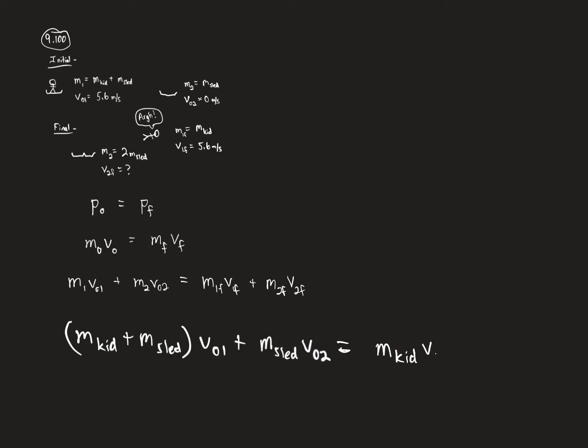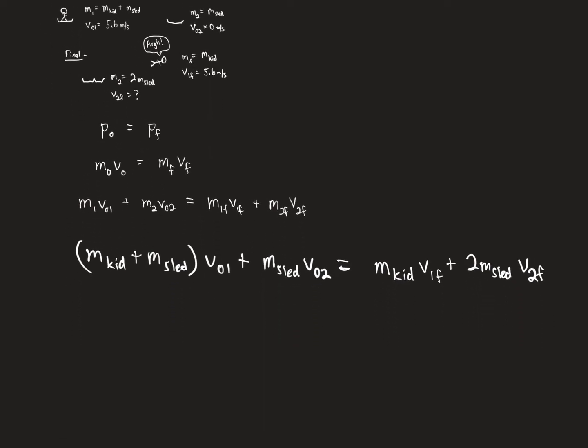times V1 final plus mass 2 final, which is 2 times M sled times V2 final, which is what I'm looking for. Okay, I'm going to distribute everything in so that I have everything as individual little equations. So I'm going to distribute that V initial 1 into mass kid.